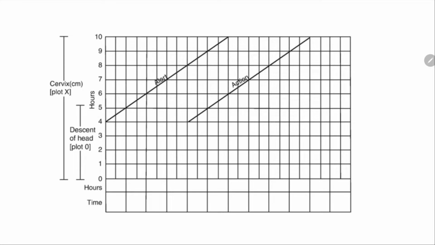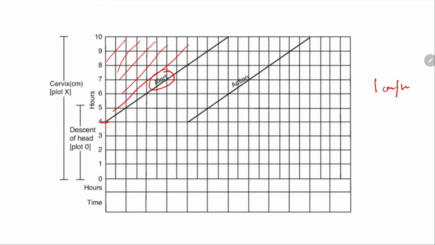When the cervix reaches a dilatation of 4 centimeters, that is when you start plotting the partograph. The ideal rate of progress of dilatation of the cervix is 1 centimeter per hour. If every hour it goes up by 1 centimeter, this line is plotted, which is the alert line. A normal progression of labor, which you don't have to worry about, usually stays in this section of the partograph.